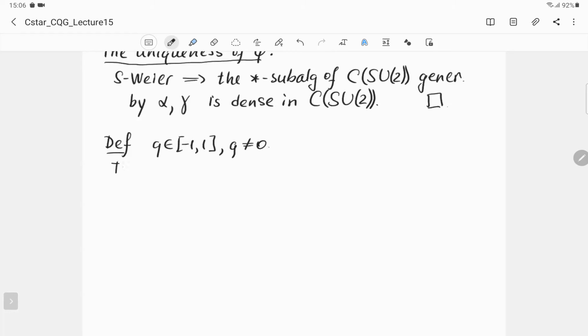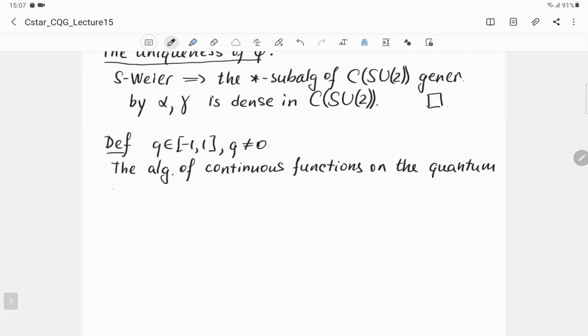We define the algebra of continuous functions on the quantum SU2, or briefly just the quantum SU2.